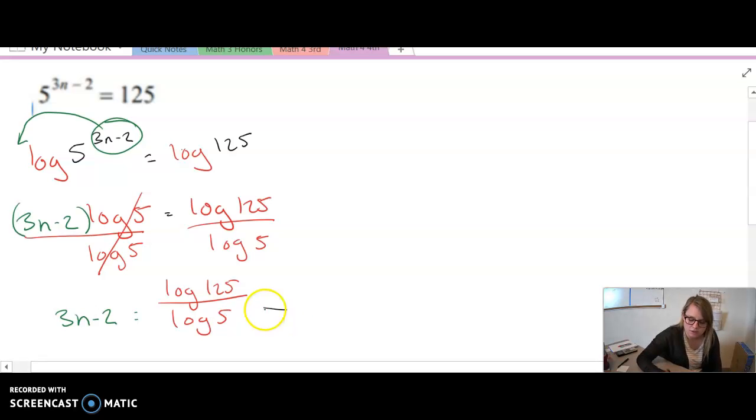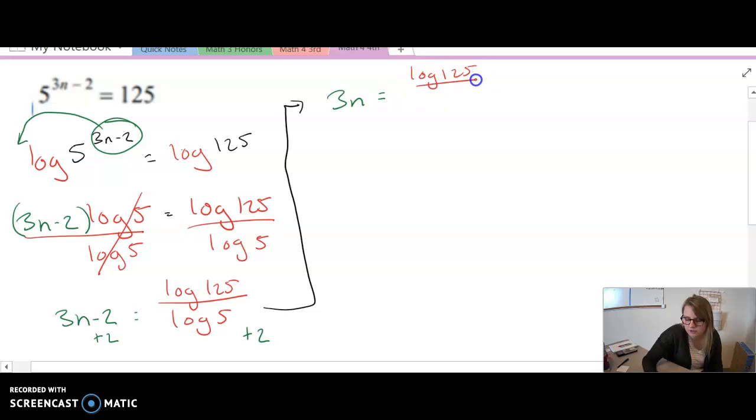Now I want to continue getting n by itself. So I'm going to add 2 to both sides. Now I have 3n equals log of 125 over log of 5, plus 2.